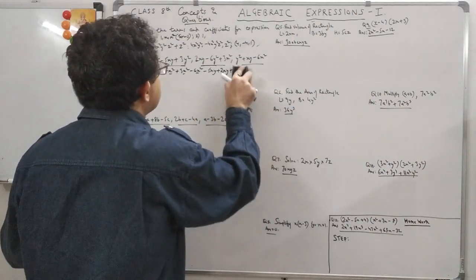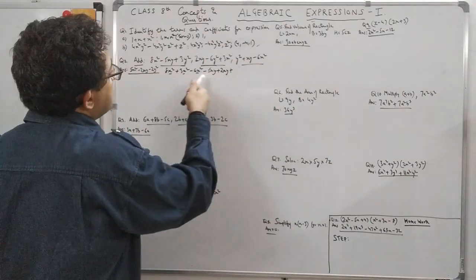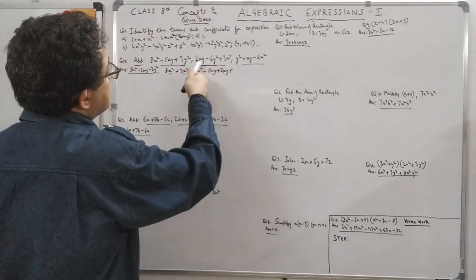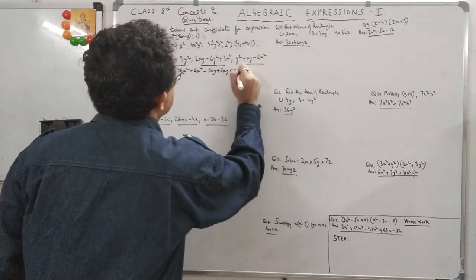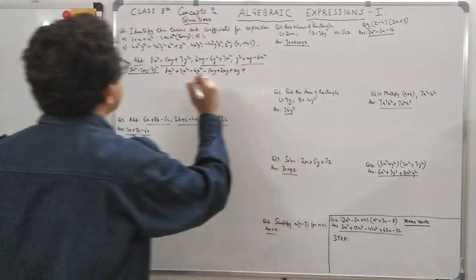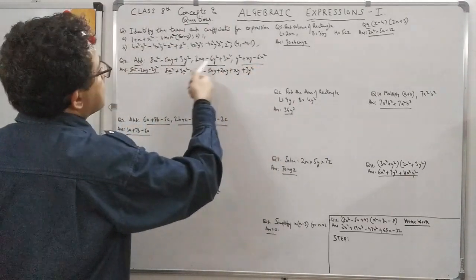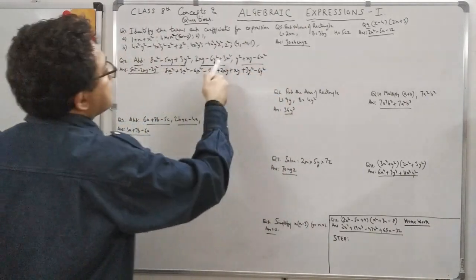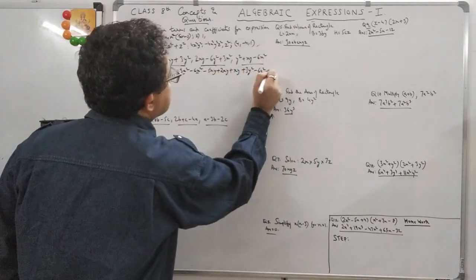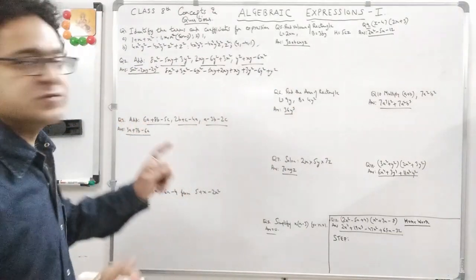There is another xy term: minus 5xy plus 2xy and plus xy also. And then we go further, plus 3y squared minus 6y squared and plus y squared.